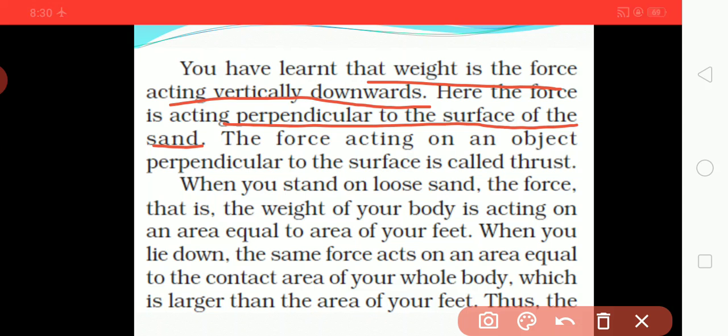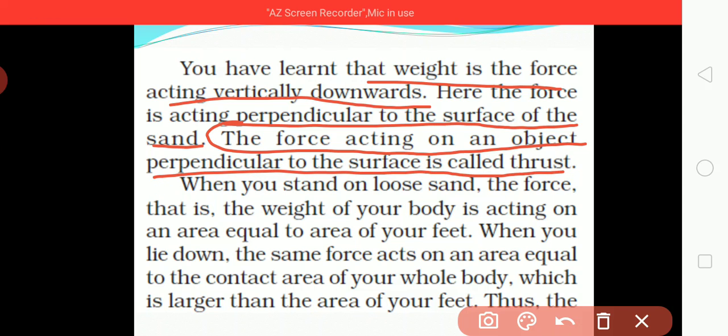The force acting on an object perpendicular to the surface is said to be a thrust. When a force acts on an object perpendicular to the surface, that perpendicular acting force is said to be a thrust.